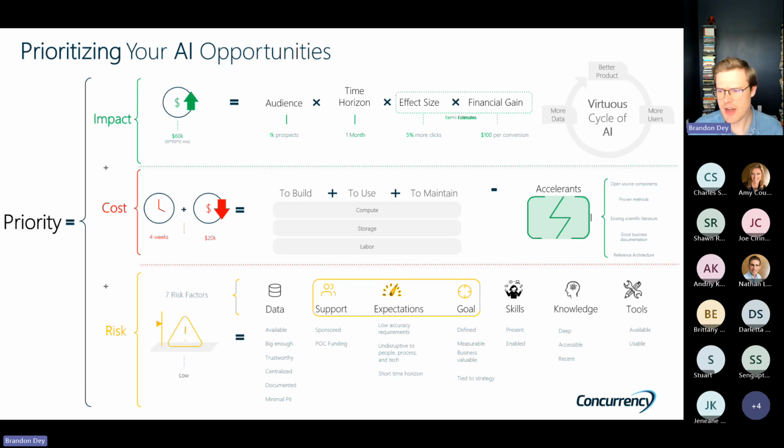I'm not going to drain this slide, but there's a lot that goes into this. It's a very important part of the workflow. I would argue, and in fact will argue, that problem selection is the most important thing. The problem you decide to start with is going to make a huge impact on your experience with AI. So that's why we spend a good deal of time on this.